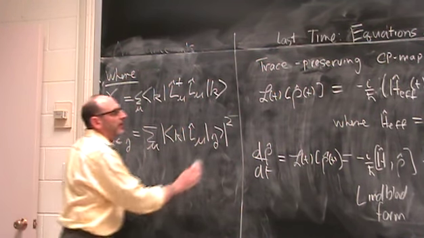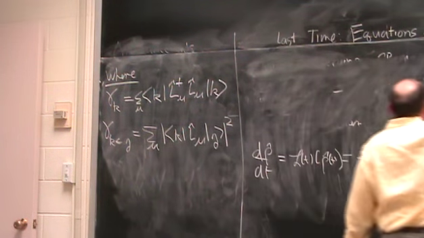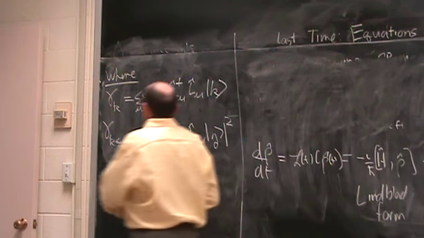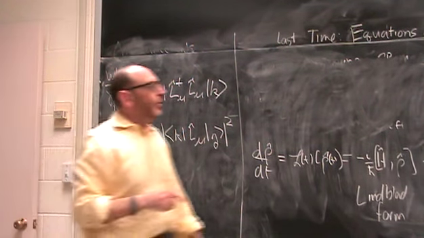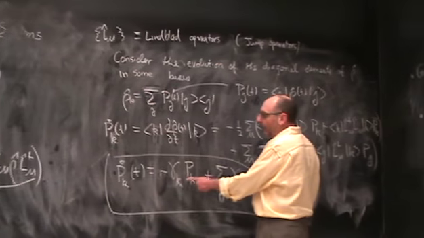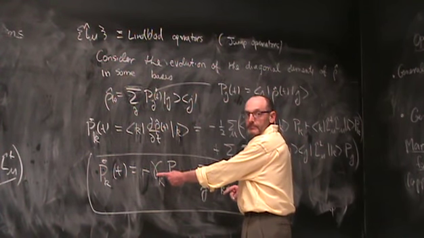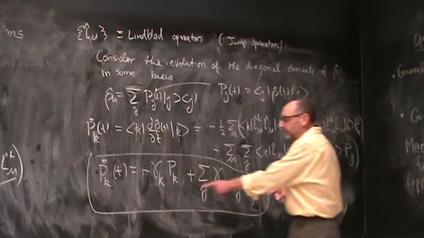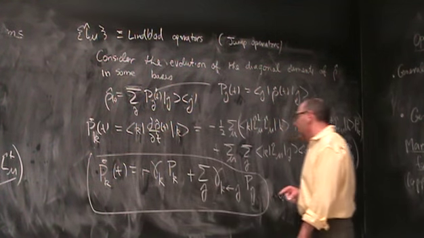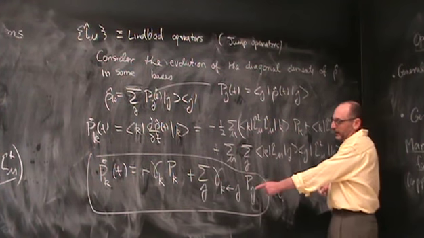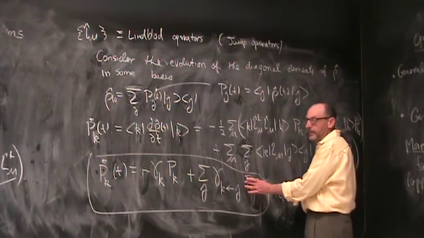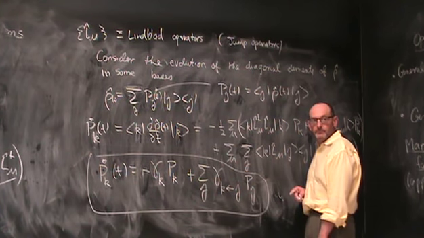So what that tells me then is the following. If I look at that equation, it says the population in level K is decaying out of level K with this rate, and that population is being increased in level K depending on transitions from levels J into K, weighted by the probability that I started in J.